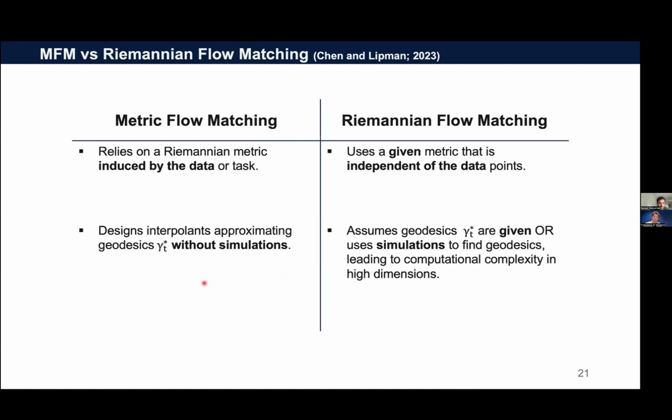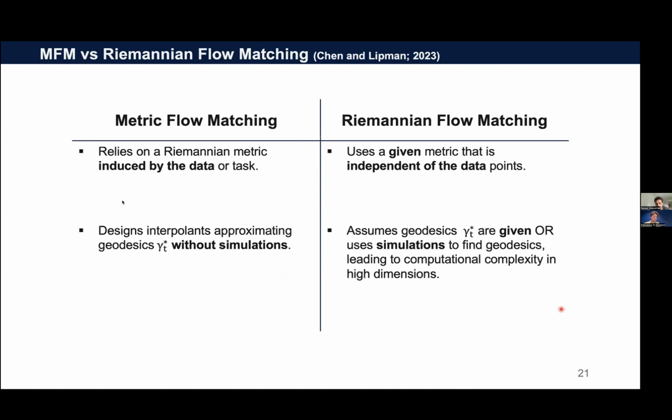And the second very significant difference is that we've developed metric flow matching so that it doesn't require any simulation and doesn't require providing closed-form geodesics. And this results in complexity that is very similar to just conditional flow matching. On top of regressing against the vector field, we train the interpolants first, but because the algorithms are super similar, it usually converges even faster than the conditional flow matching part.